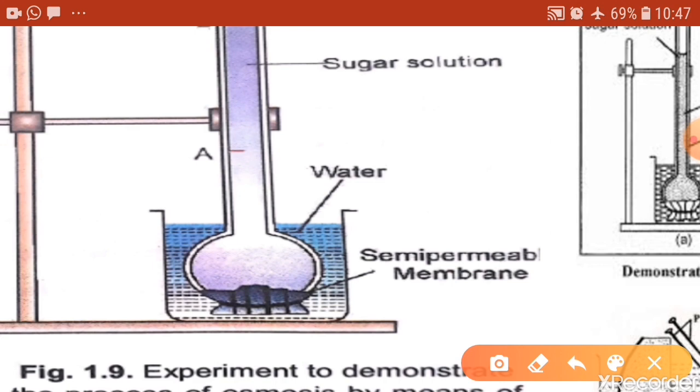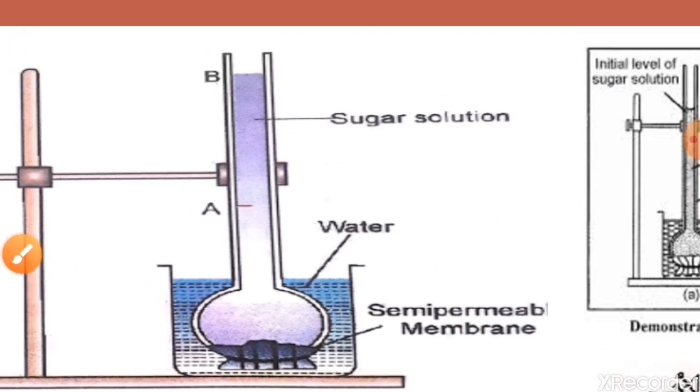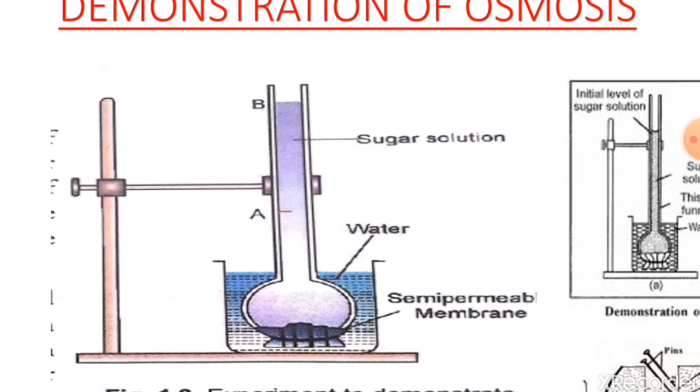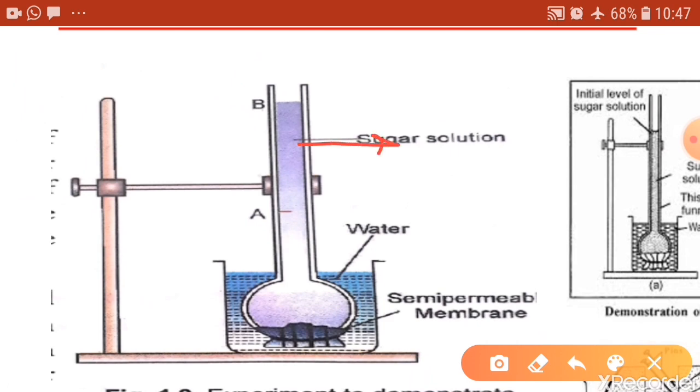What happens here is that you have the thistle funnel with sugar solution, and outside it a beaker with water. The two media, sugar solution and water, are separated by the semi-permeable membrane.